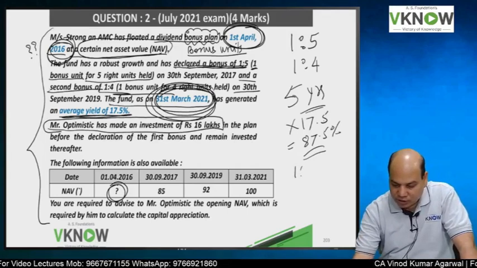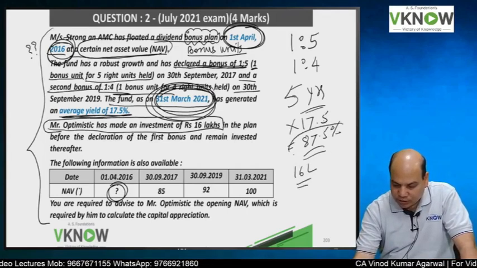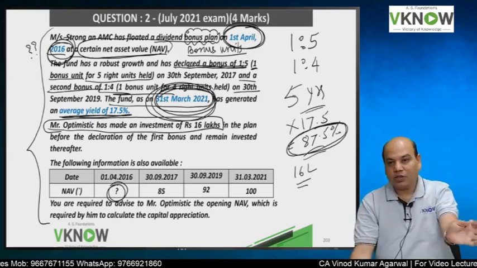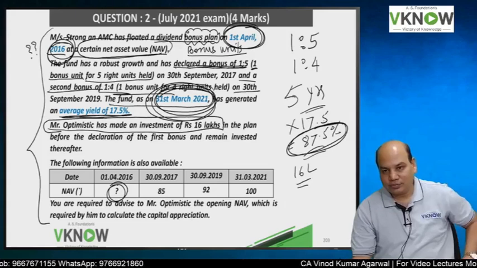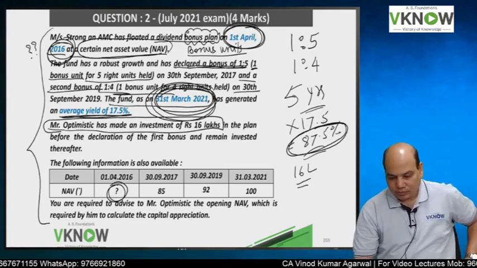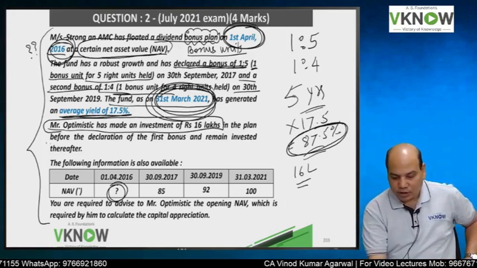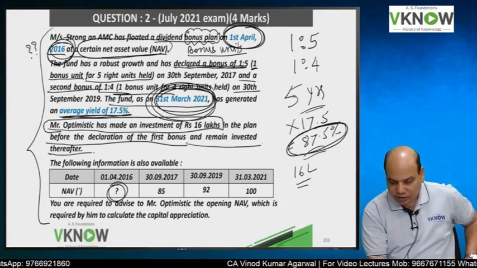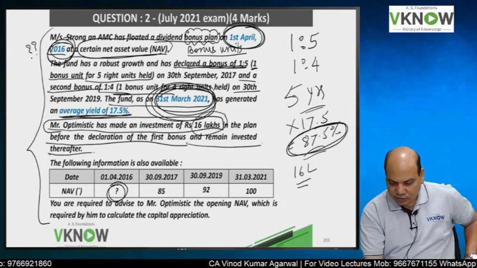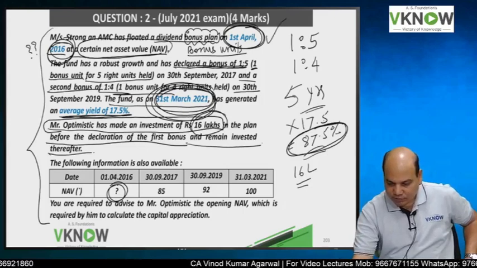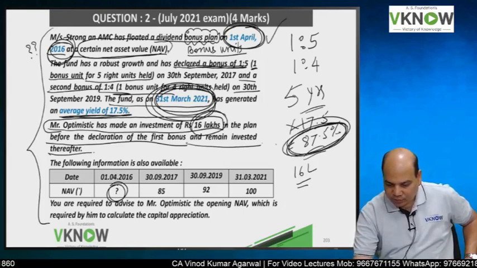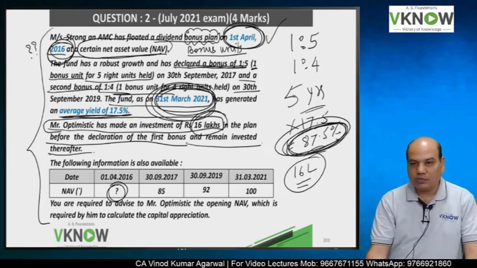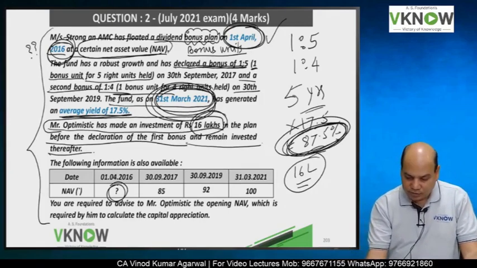So if you invest 16 lakh rupees today with 87.5%, you can find out what its value will be after 5 years. Yes or no? Yes. In the plan before the declaration of the first bonus and remain invested thereafter. So he has invested 16 lakh on 1st April. By adding 87.5%, you can calculate the value he will have after 5 years.